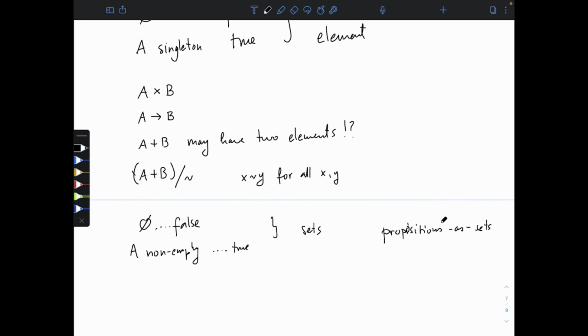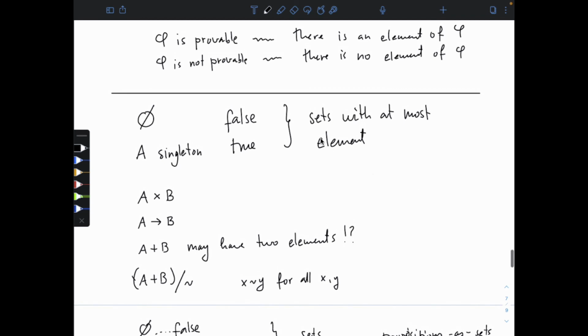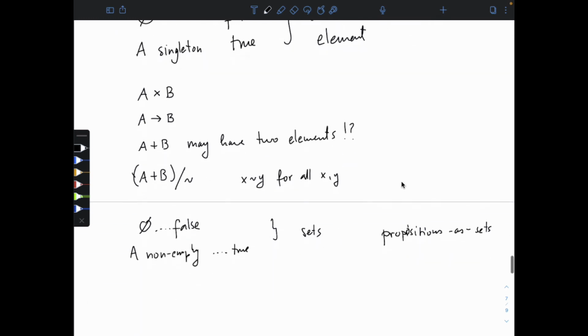So this is propositions as sets, but this is propositions as sets with at most one element. You could do that. And by the way, this of course is going to work for all and exists as well. Except that here you will again have to quotient, because when you take a sum of singleton sets, you can get many. And here you don't care. So this is another view of propositions as types.